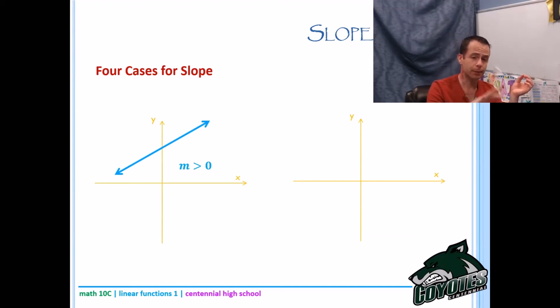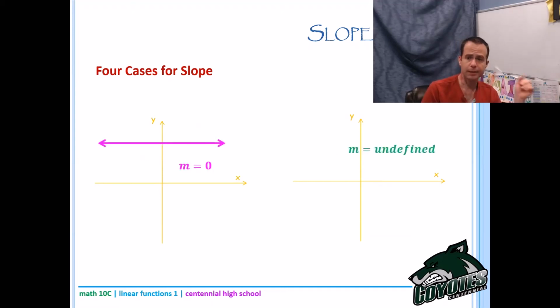So reading this from left to right, you'll see that the line is going up. Okay. When m is less than 0, that means it's negative. Reading from left to right, you'll see a line going down. And then when m is 0, you'll see a horizontal line. And when m is undefined, you'll see a vertical line. Okay, so those are the 4 cases for slope that you would want to get super comfortable with.